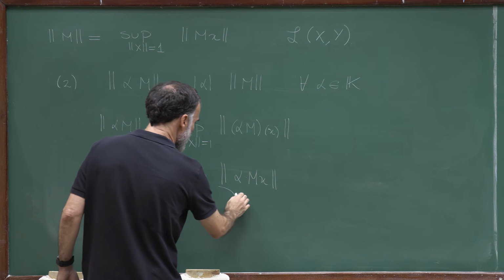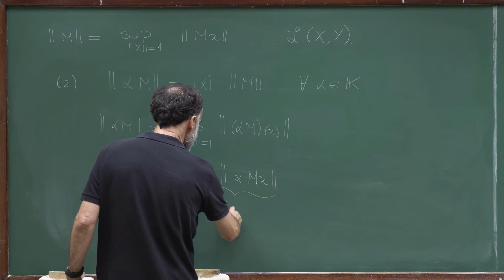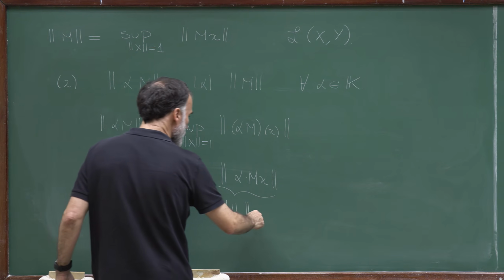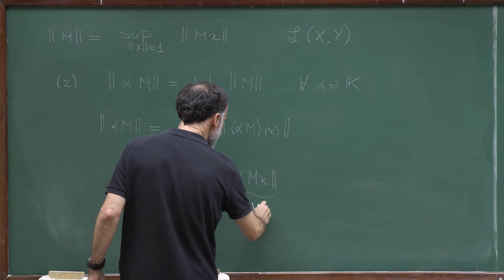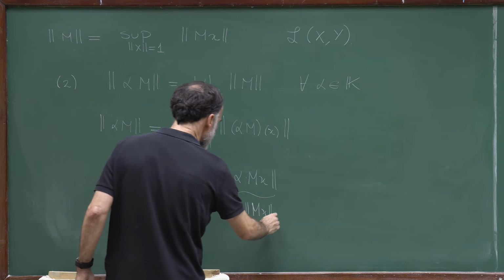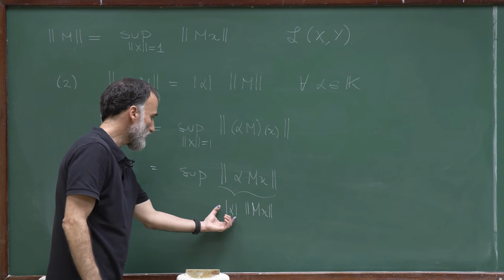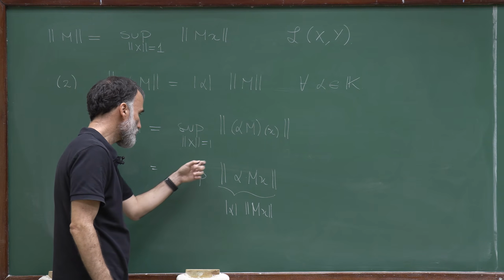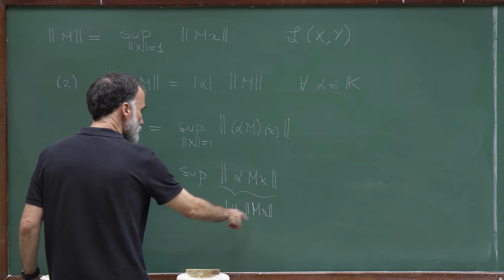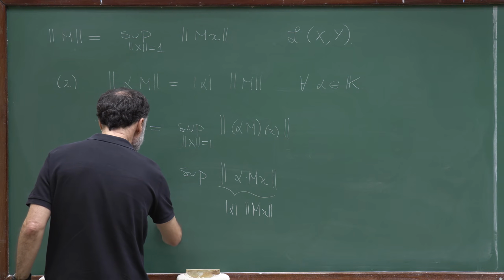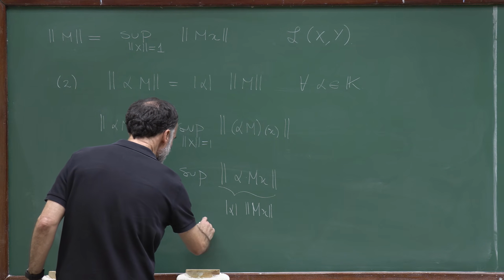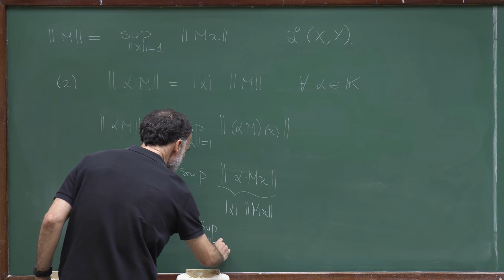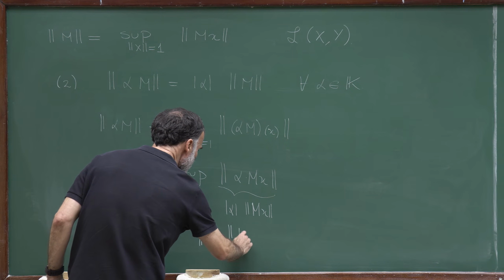Now, alpha times mx is the absolute value of the scalar alpha times the norm of mx. Since alpha is a constant, it does not enter in the supremum of this product, so it is equal to the absolute value of alpha times the supremum for x with norm equal to 1 of the norm of mx.